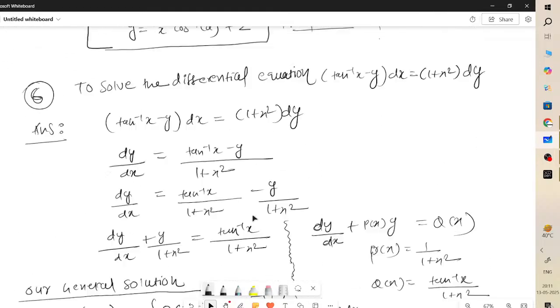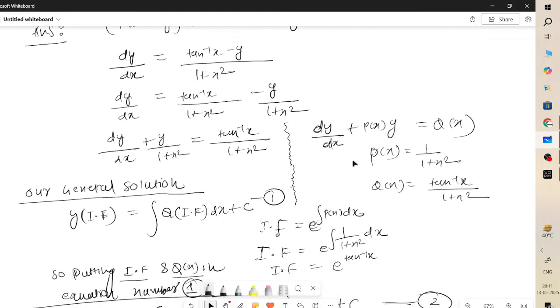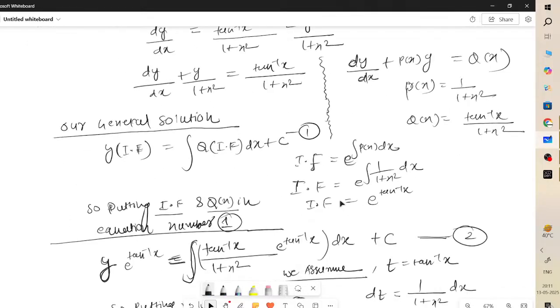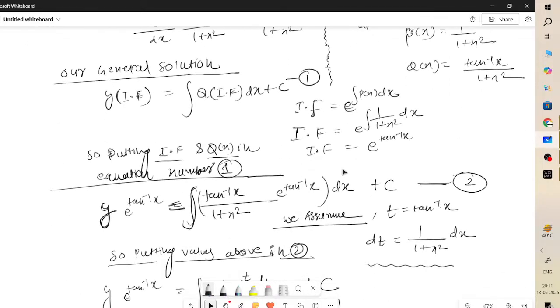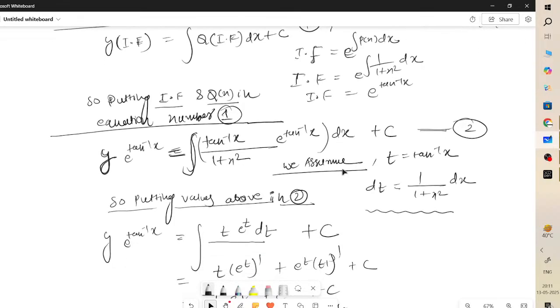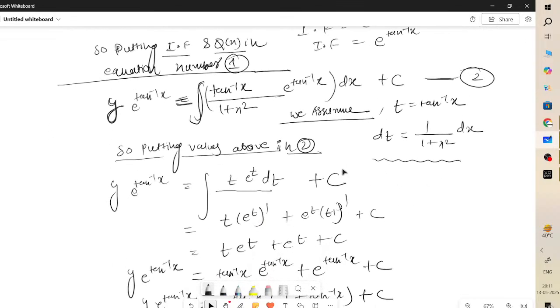This is the question we have done in the standard form, by using the integrating factor.